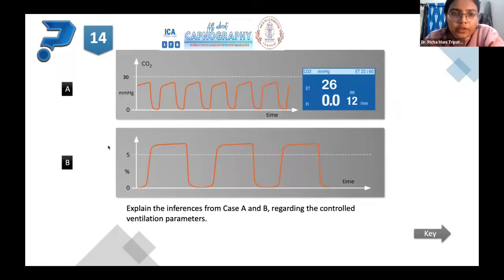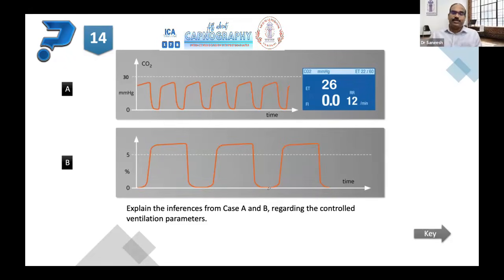In scenario A, the patient is hyperventilating, ETCO2 is lower than 30. It also may be due to a venous embolism during a sclerotherapy or something. There is a small drop in the ETCO2. In scenario B, the patient is probably hypoventilating. The ETCO2 has risen above the normal values. Okay, fine.